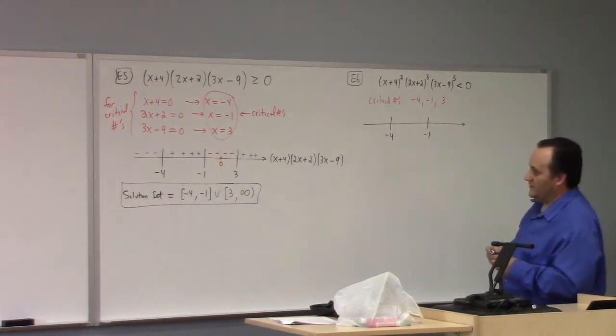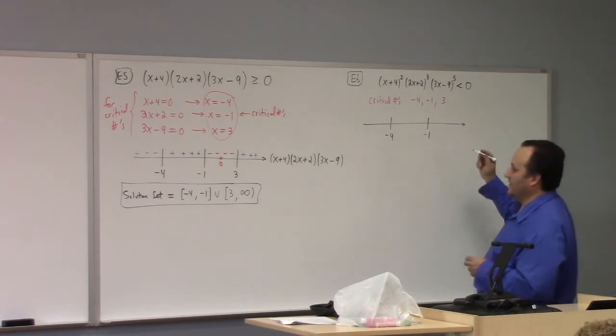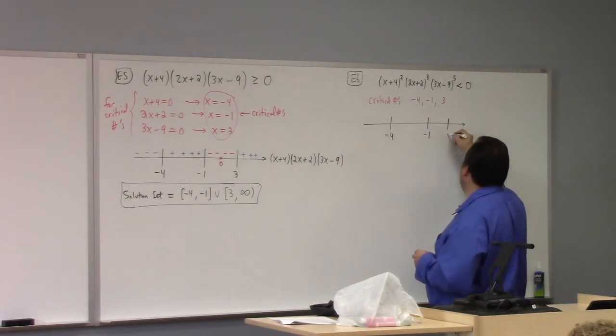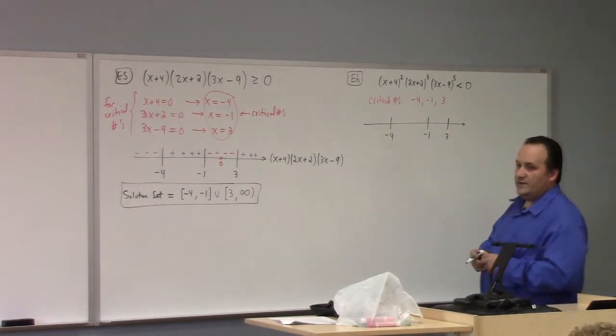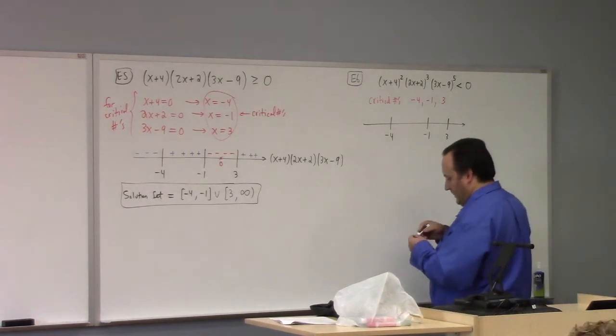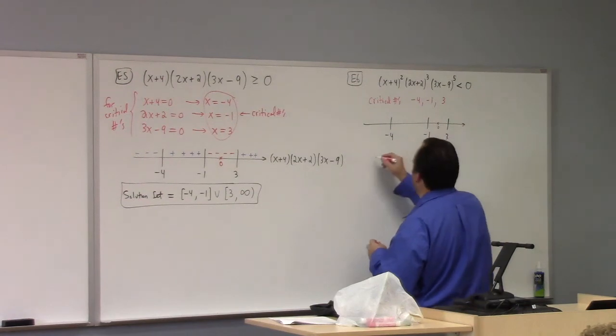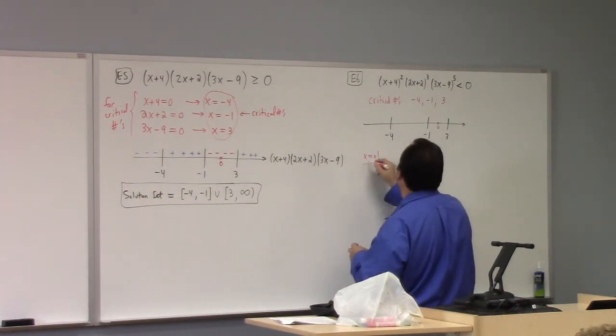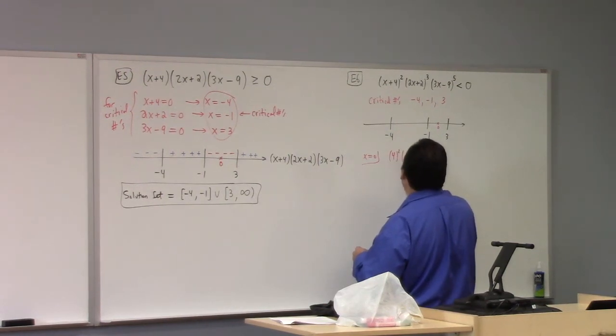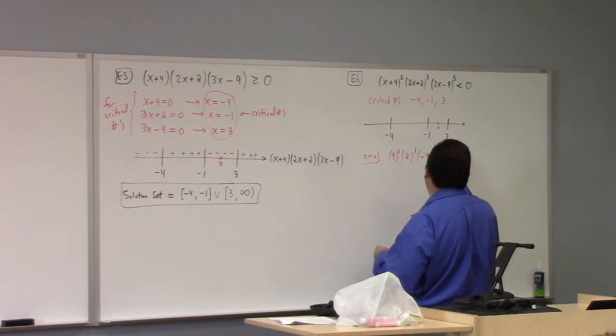We need to test a point. So, oh, my 3. I should probably not forget about the 3, right? We can test 0. All right. I'm going to write down the steps this time for the 0, though. So x equals 0 gives me what? It gives me 4 squared times 2 cubed times -9 to the 5th power, which is what?